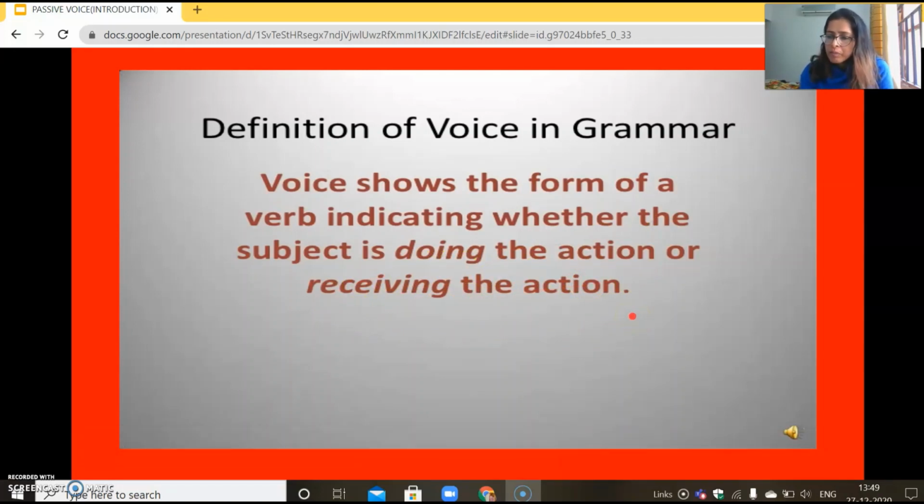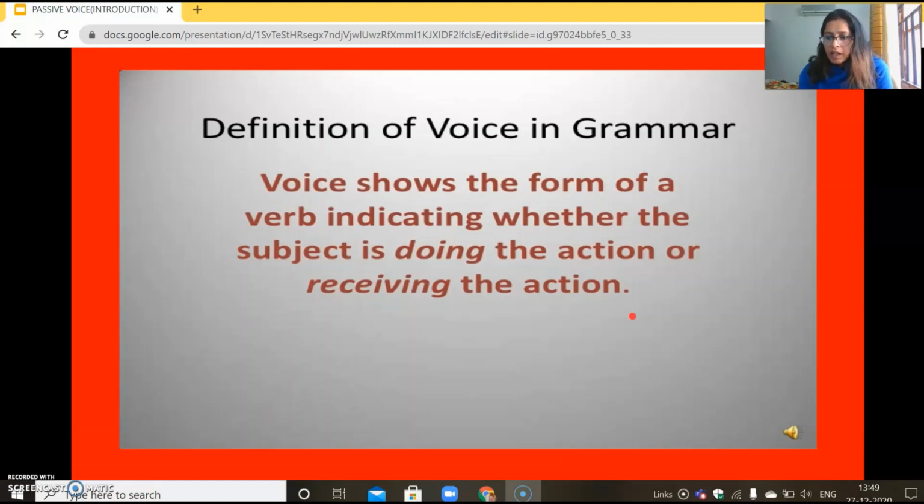In simple terms, voice is the form a transitive verb takes to indicate whether the subject is the doer of an action or the receiver of an action, right?